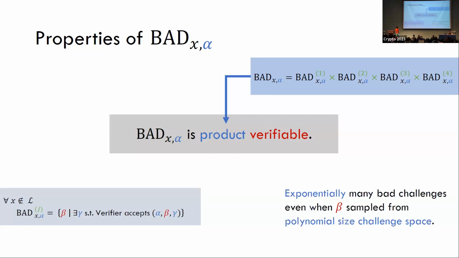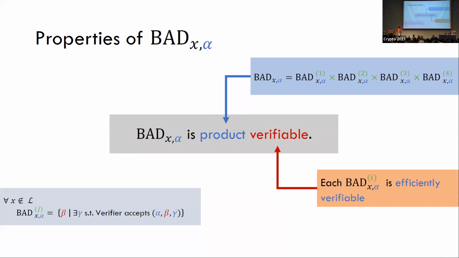And even if the challenge set is polynomial size, that beta is sampled from a polynomial size challenge set, the number of bad challenges can be exponential in the total number of parallel repetitions. And the second aspect is that each of these bad sets can be efficiently verified. So given a beta, you can efficiently test whether it belongs to this bad set.